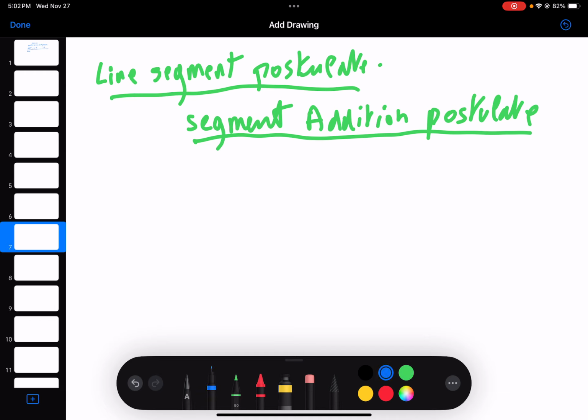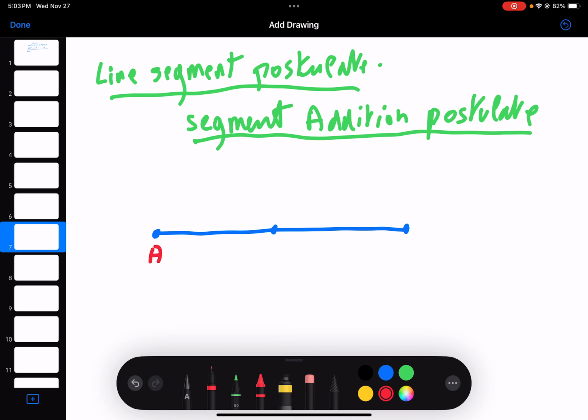So let's first draw it so you guys don't get too confused. So what is this? It does not extend infinitely on either side. So basically it's a line segment. And we can name some points again.